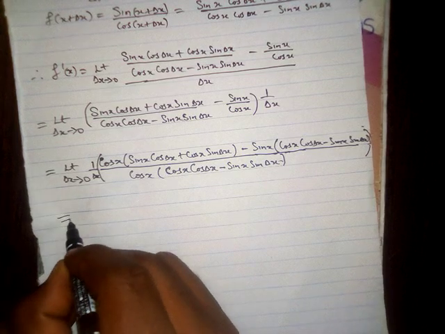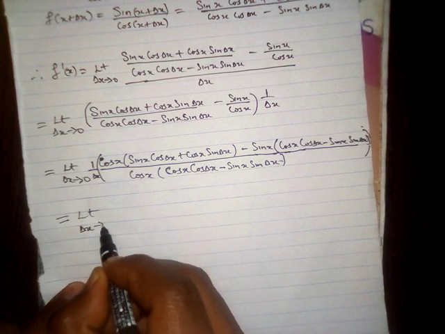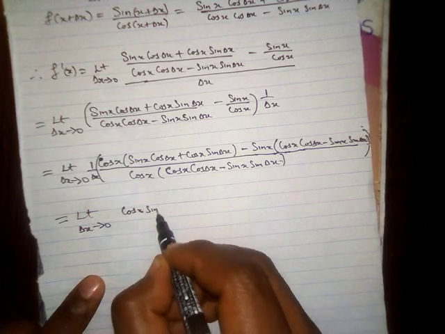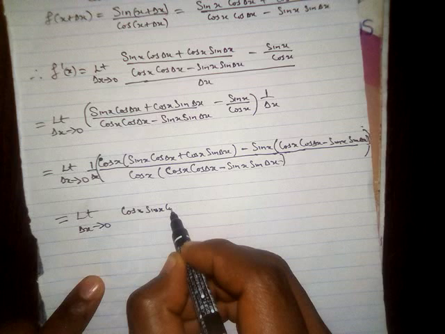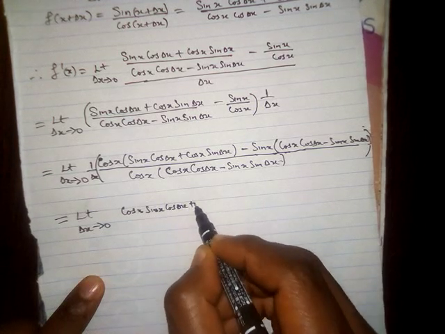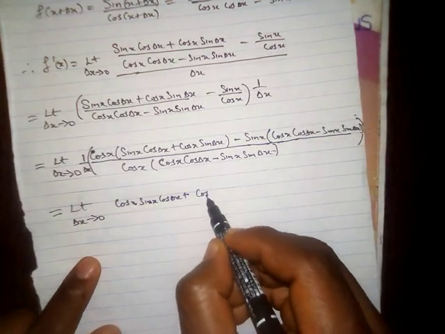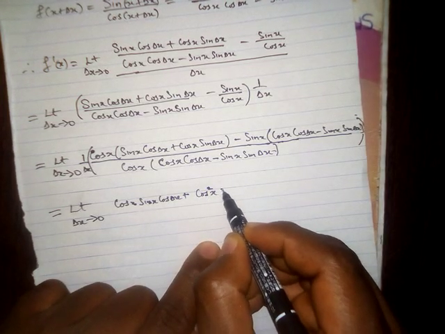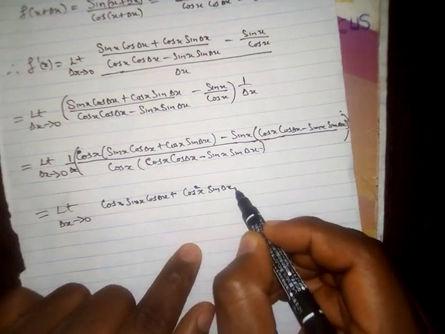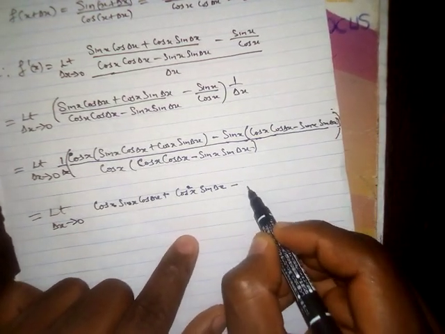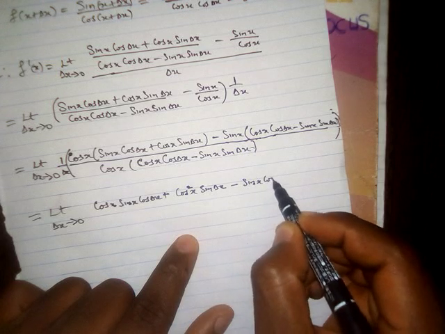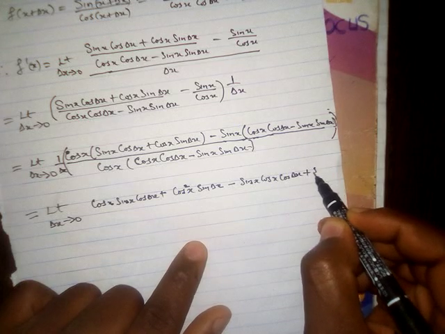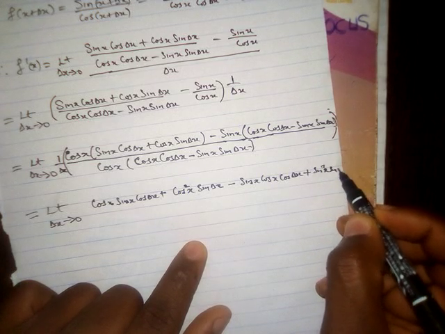So this will be equal to the limit as change in x approaches 0. We have cos x sine x cos change in x plus we have cos x cos square x sine change in x, okay, minus we have this as sine x cos change in x plus sine square x sine change in x.